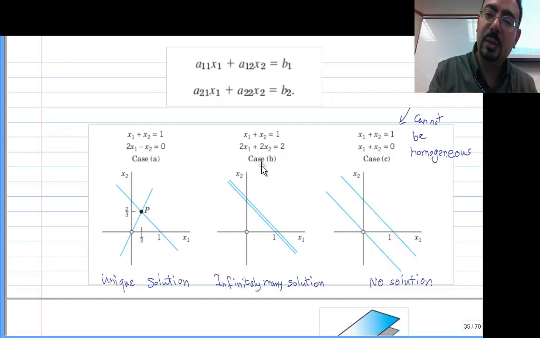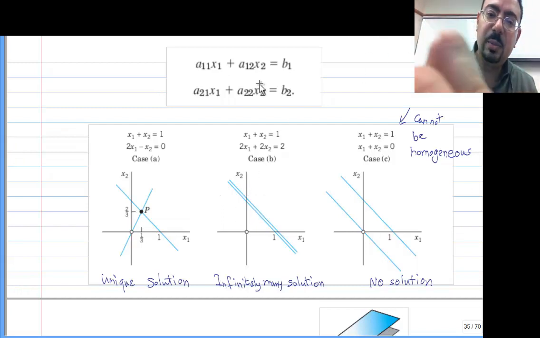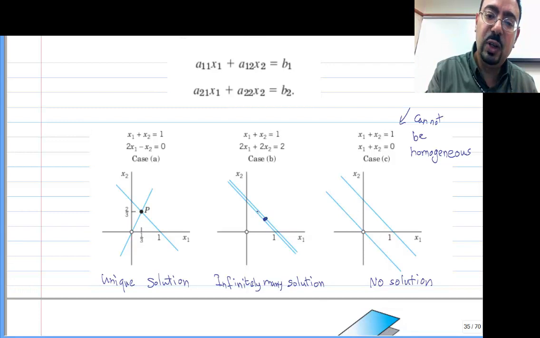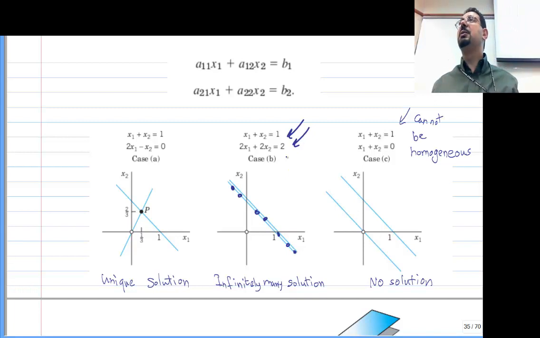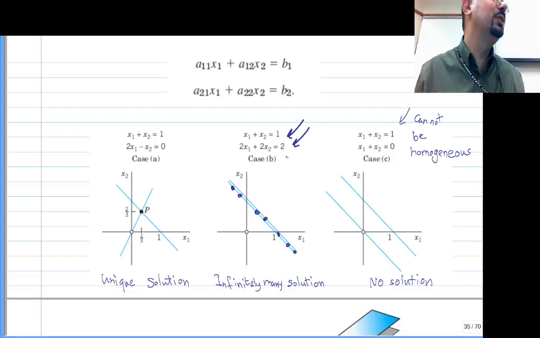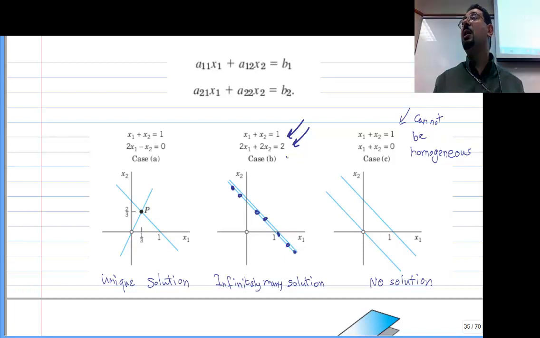How did this happen? Why did the system generate an infinite number of solutions? Because it's not really 2 equations. That was 1 equation and another cheap copy of it. They just multiplied by a 2 and told us there's another equation.